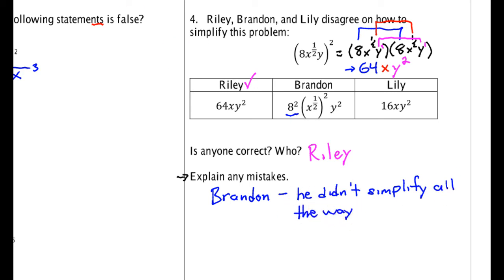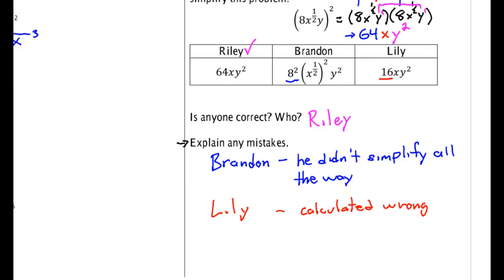Okay. And now Lily, let's see, she had the variables right, but then she had 16. She calculated wrong.